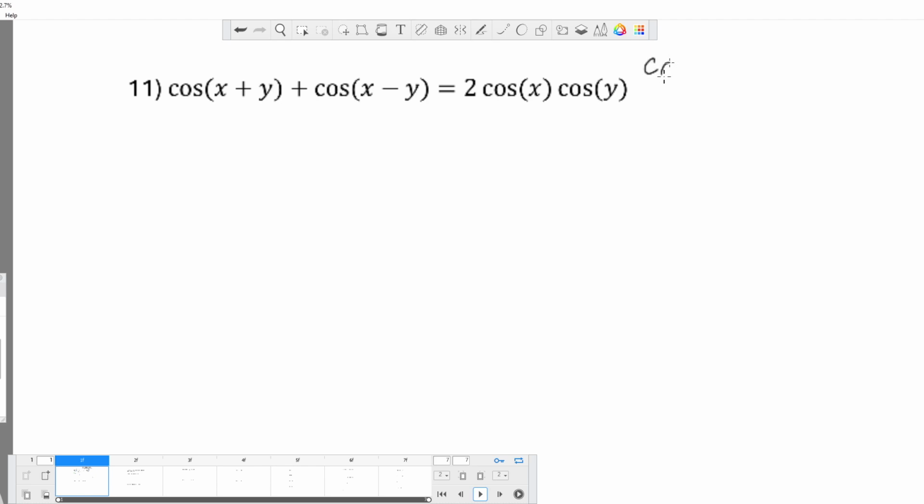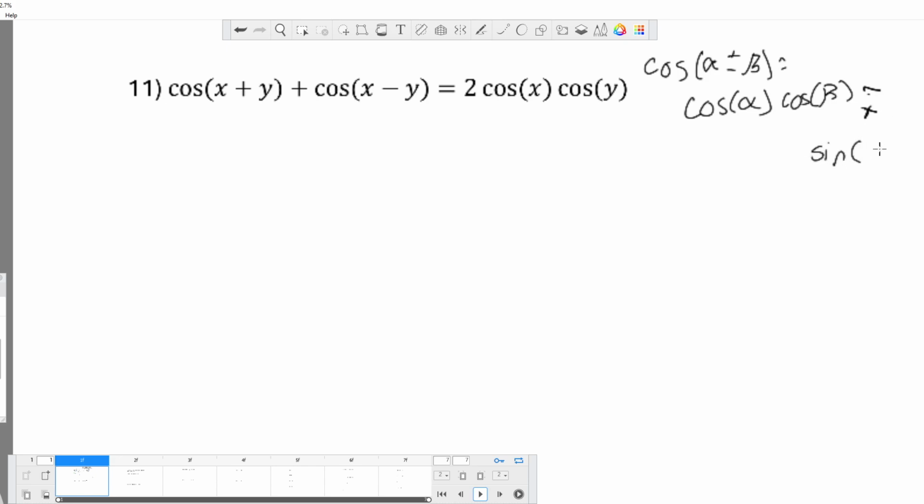So if we have cosine of alpha plus or minus beta, that's going to turn into cosine of alpha, cosine of beta, and then we have the minus plus, which basically means do the opposite of whatever sign we had here.